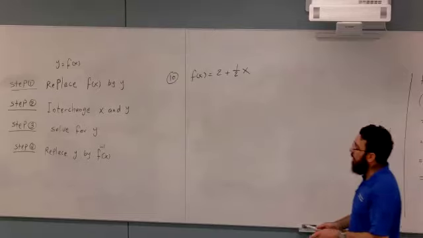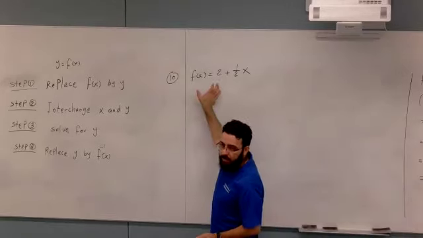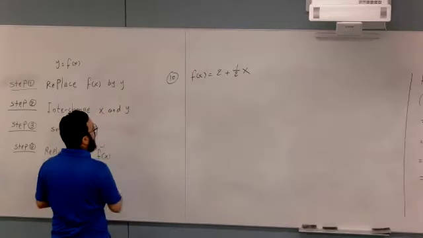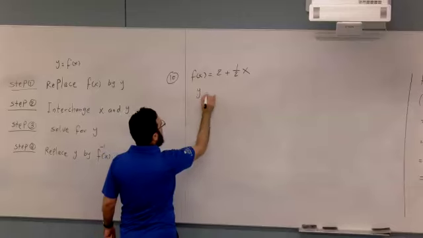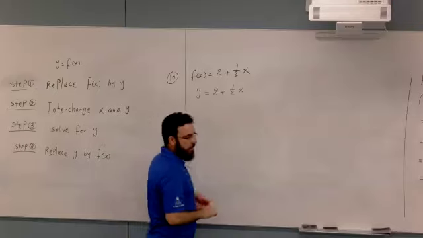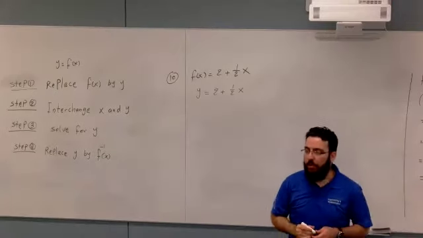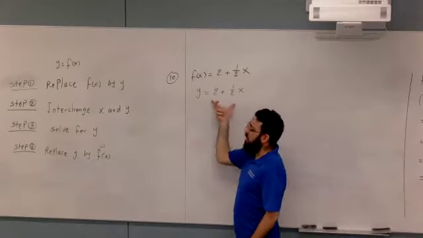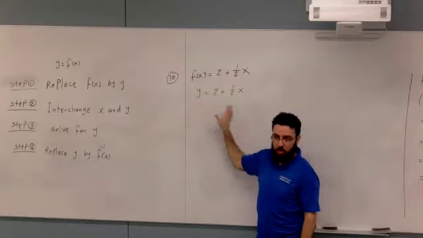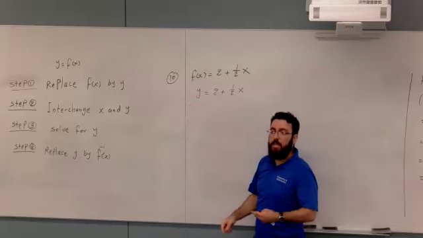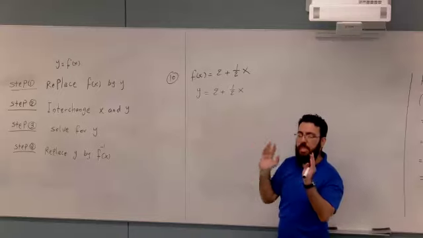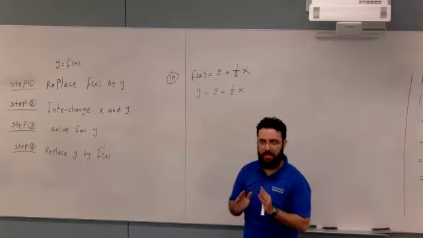What are the steps? The first thing, we need to find the inverse of this function. Step 1, replace f of x by y. So I'm gonna say y equals 2 plus half x. Now, this function is already solved for y. Now we need to go back and solve it again for x. That means I need to keep x by itself on one side.